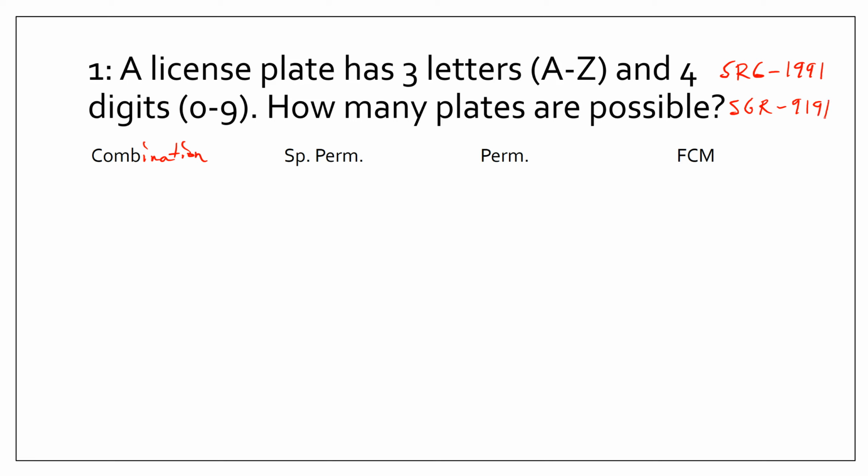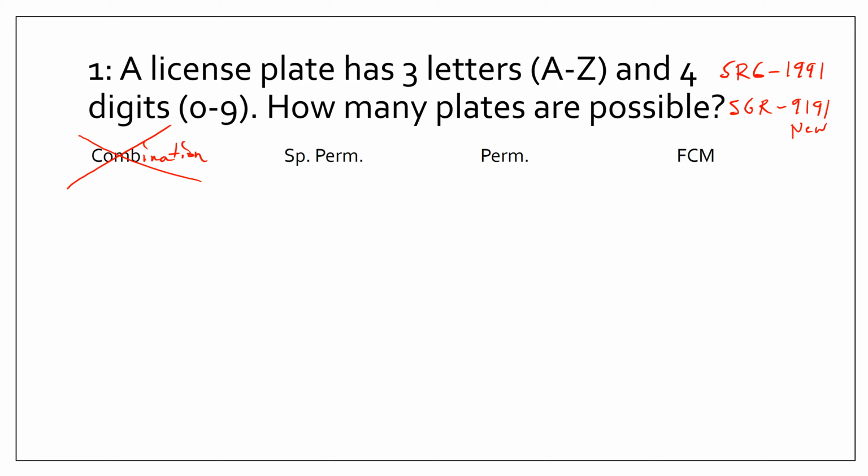Does this look like a new license plate? Everything's the same except the order is different. And is this a new license plate? The answer is yes. This is definitely a new license plate, which means that this is definitely not a combination problem, because remember, with combinations, the order isn't supposed to matter.